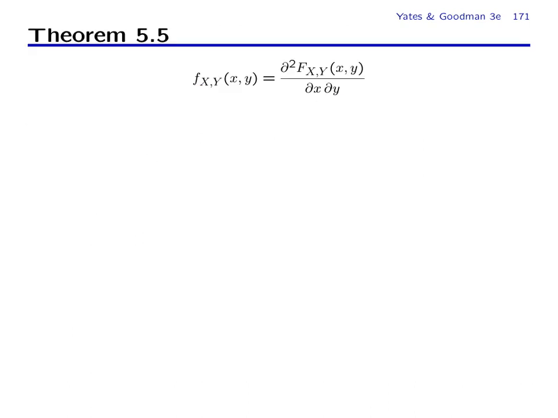Because of the definition of the joint PDF from the previous slide, calculus gives us a theorem that says that the joint PDF of x and y is just simply a double partial derivative of the joint CDF with respect to x and with respect to y.